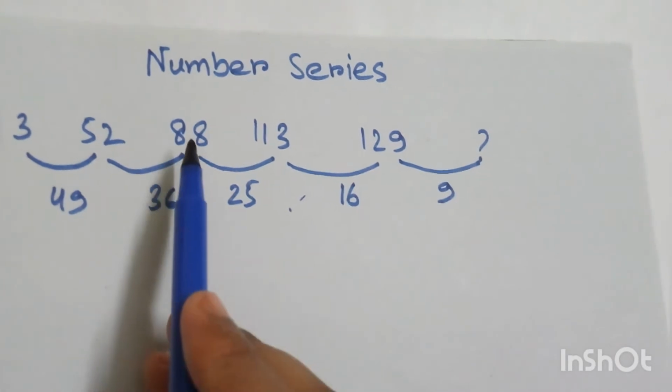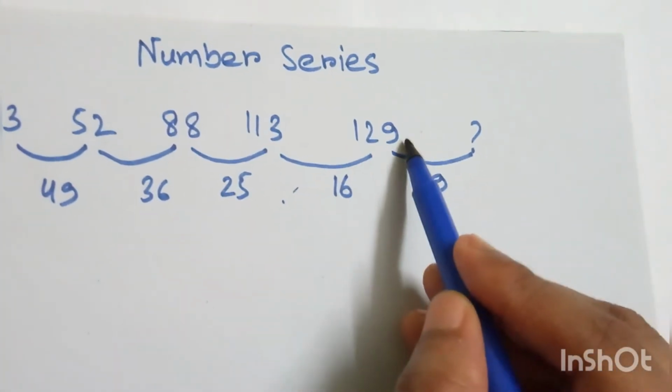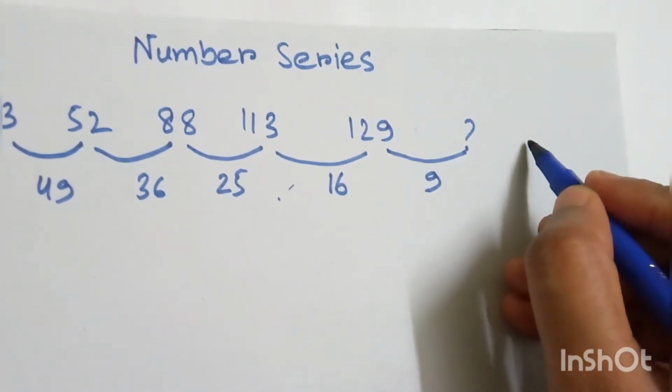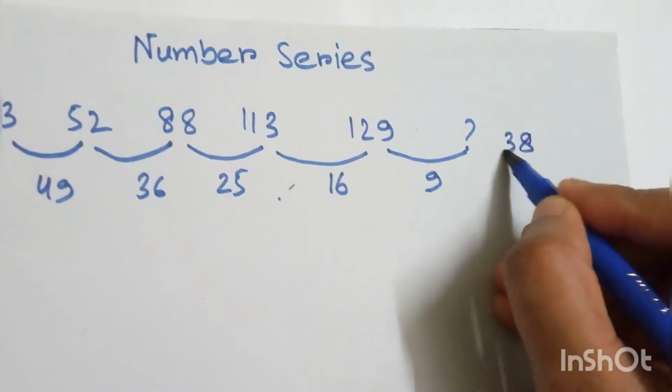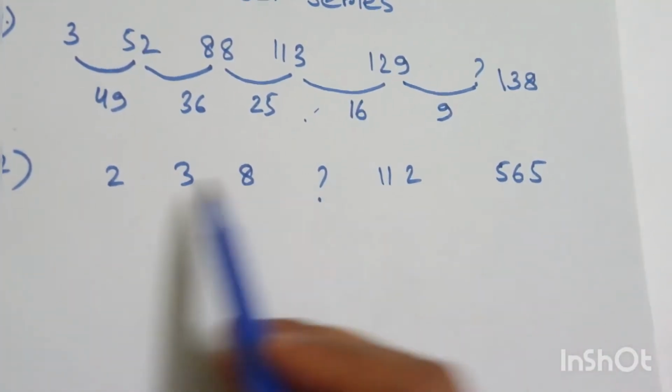This plus this will be this. So the last number will be 129 plus 9, and it will be 138.